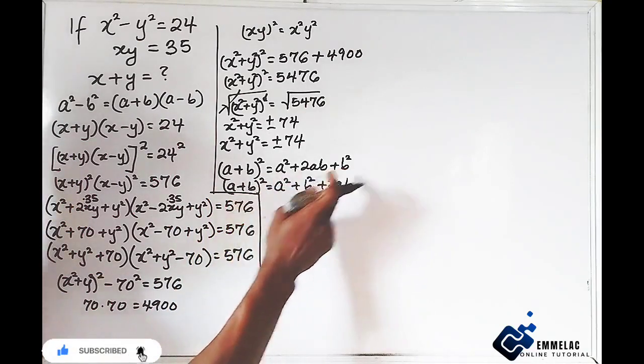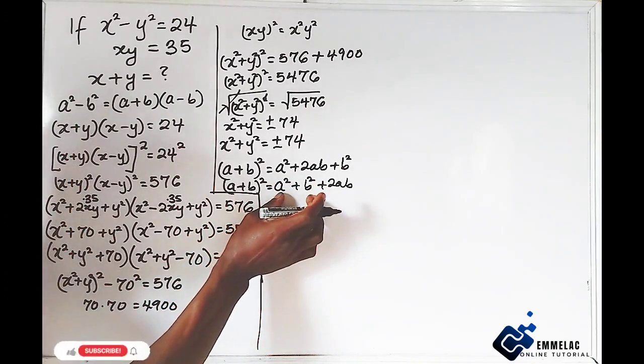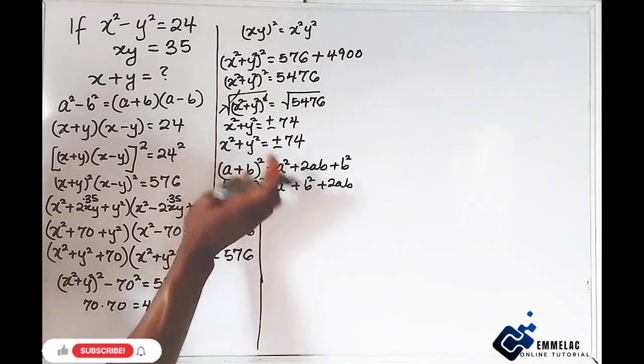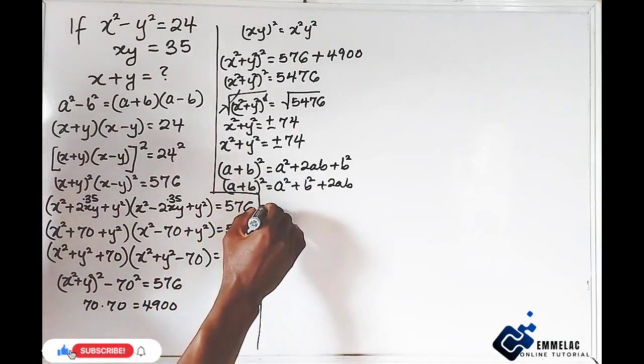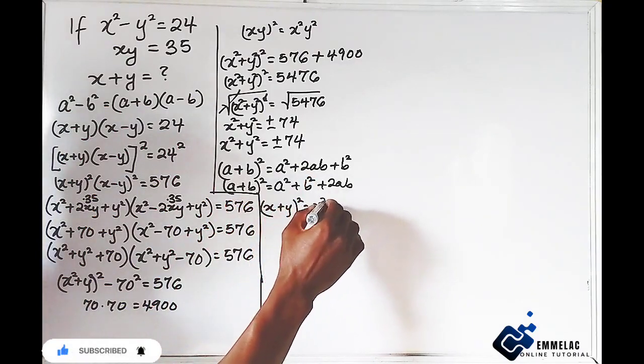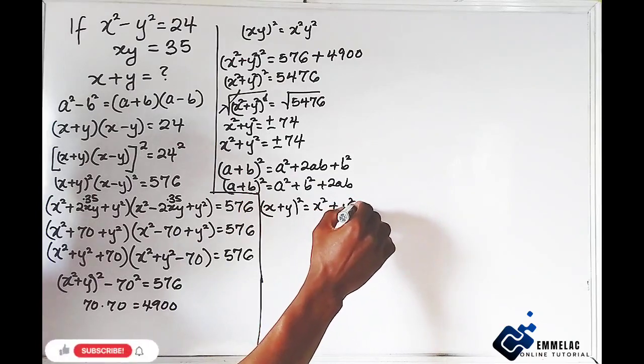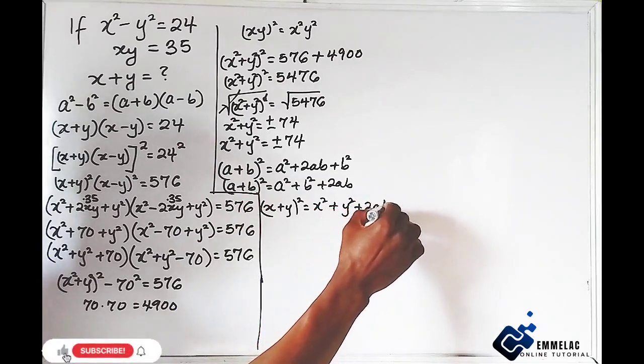I rearrange the right hand side. This can also be represented for x and y, which implies that (x+y)^2 will give us x squared plus y squared plus 2xy.